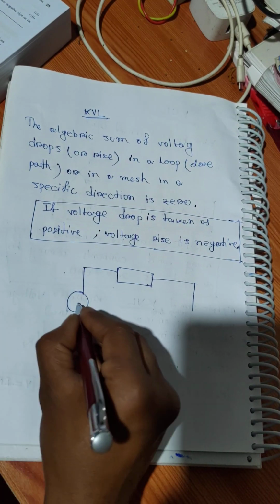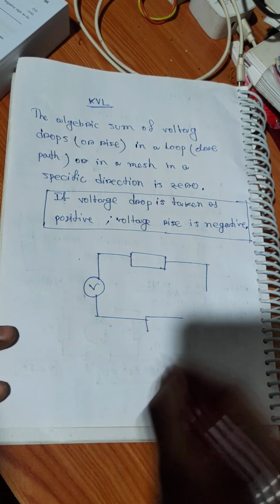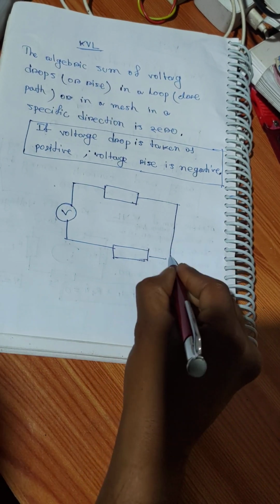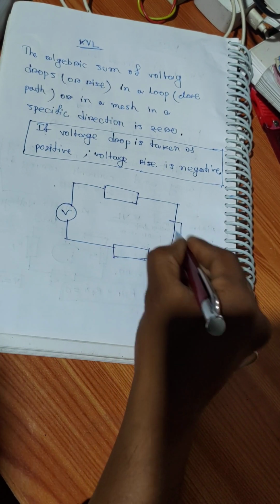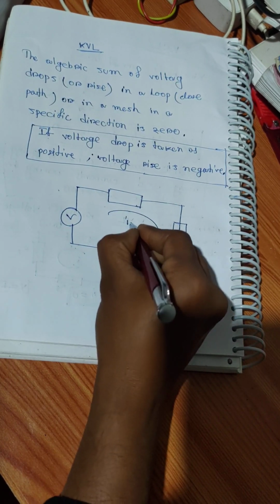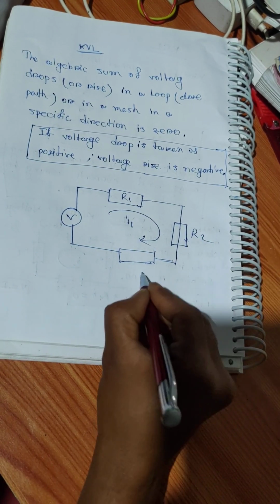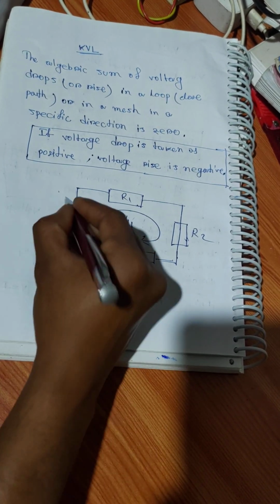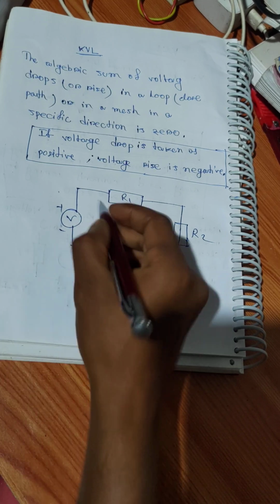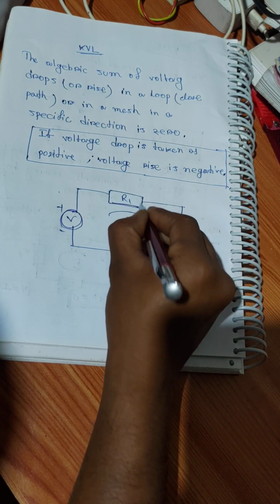Suppose in that circuit we have one voltage source here, and current I1 is flowing through R1, R2, R3.